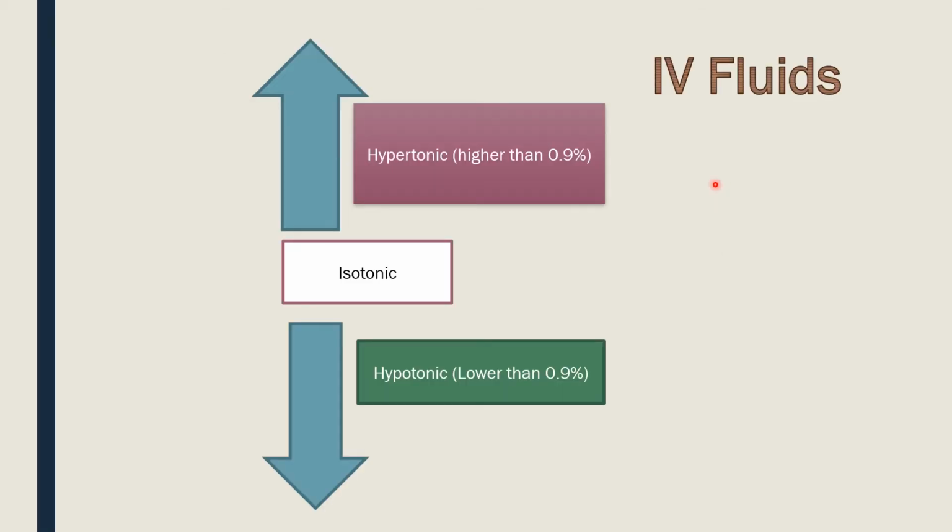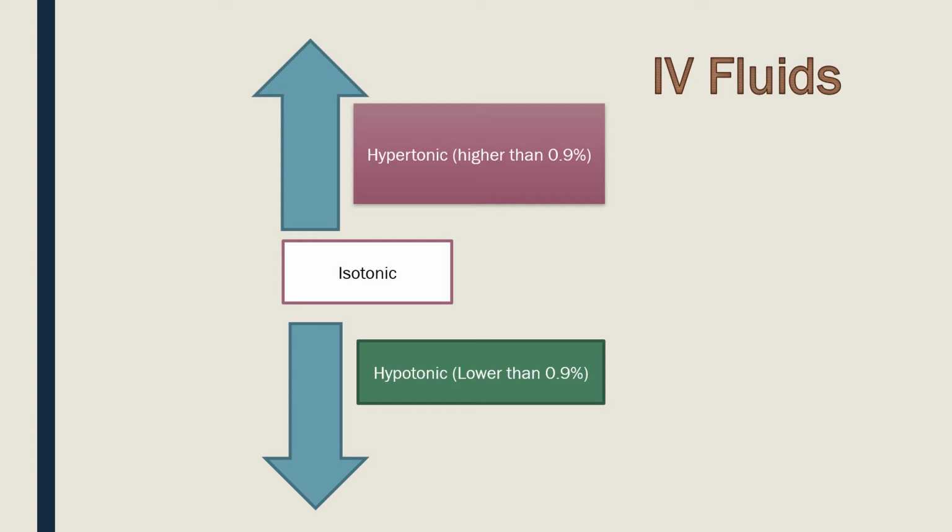Okay, so let's discuss different IV fluids. You've learned different types of IV fluids from fundamentals of nursing and in your other classes. I want you to remember them by heart. I know it's kind of hard, but remember for isotonic, your baseline number is 0.9.